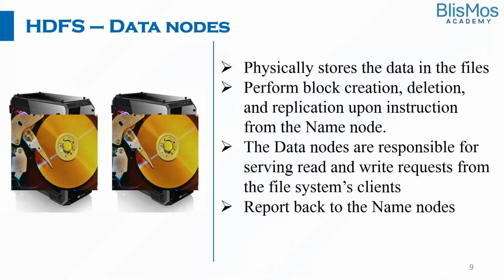Even though people say we should not use these terminologies, in a way you can understand it like that. Name node is a master node which assigns the work to the data nodes. Data nodes work on the instructions provided by the name node. Once the work is done, they report back to the name node. That is the reason data nodes are called the work horses of the file system.